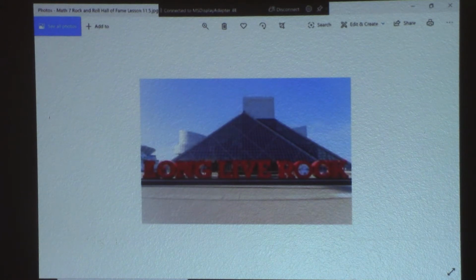So while you look at that, I'm going to read the problem. The Rock and Roll Hall of Fame and Museum in Cleveland, Ohio has a rectangular shaped wall as shown. What is the area of the wall? Do you think that was important? Do you think they figured that out at some point? Absolutely they did. They had to figure out how much glass they needed for building it.